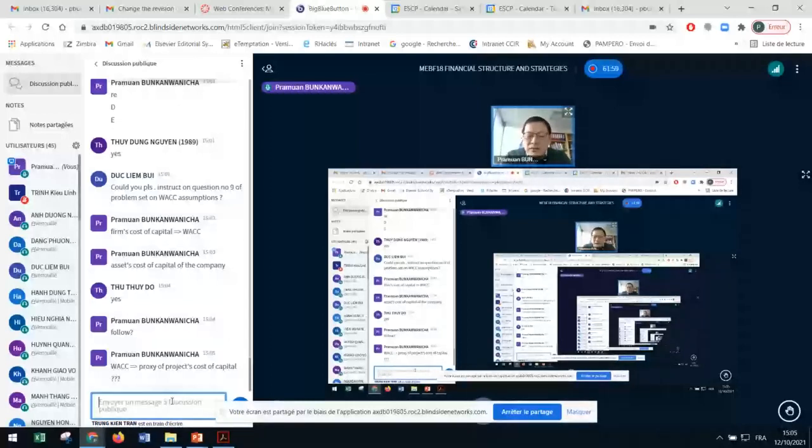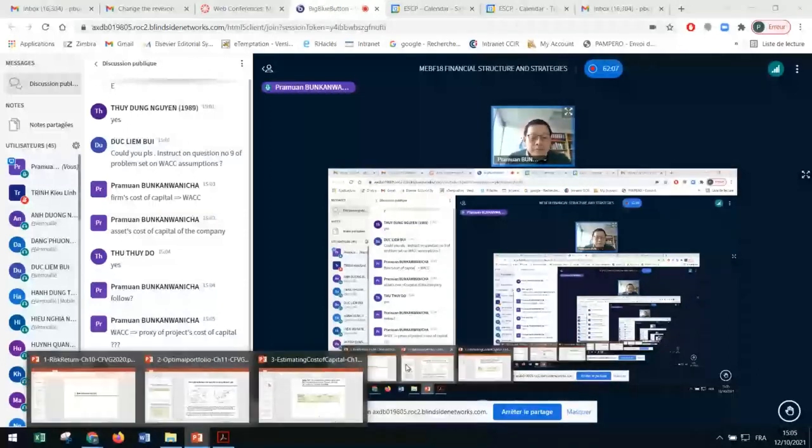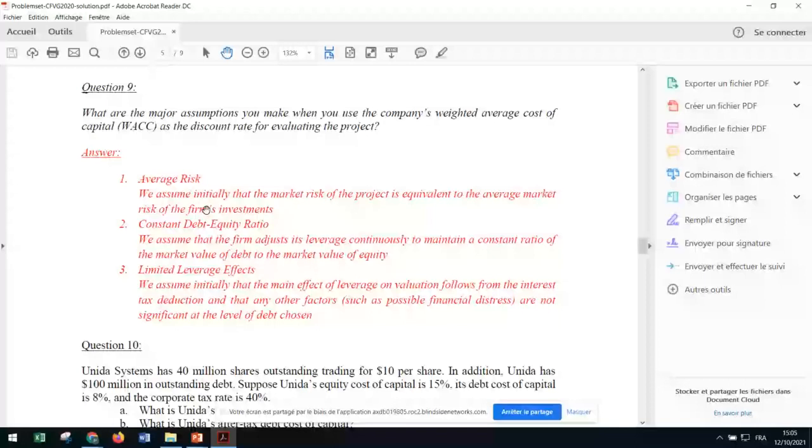You can use it only if you assume that the market risk of the project is equivalent to the average market risk of the firm. That makes sense? Then you can use it.